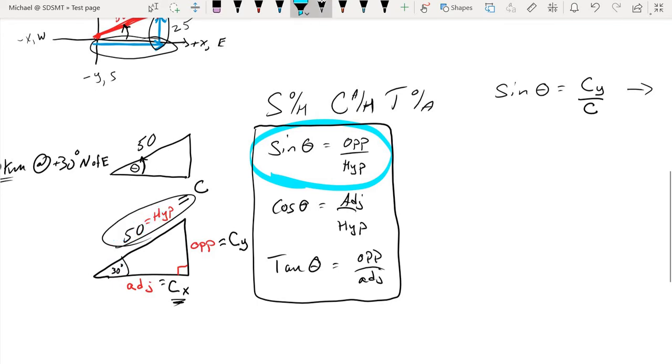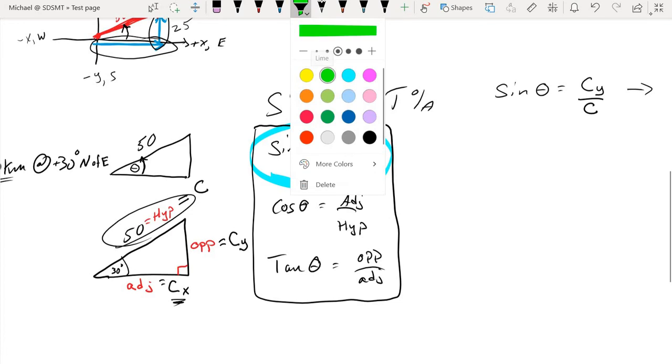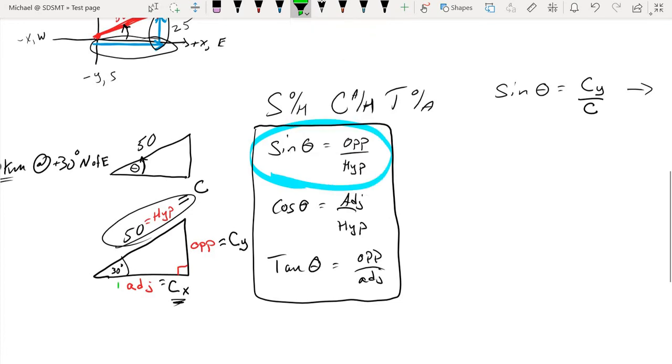For the x component, we want some trig function that involves the adjacent leg, the angle, and the hypotenuse.